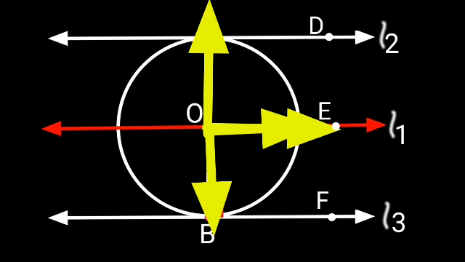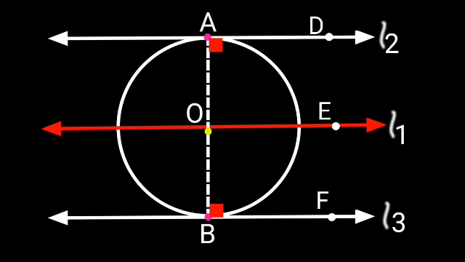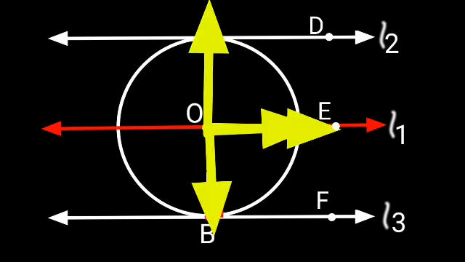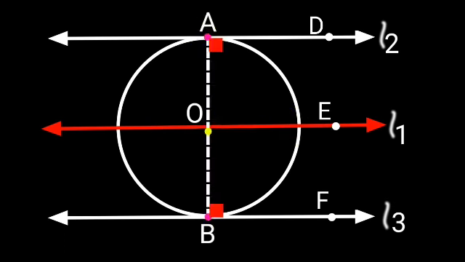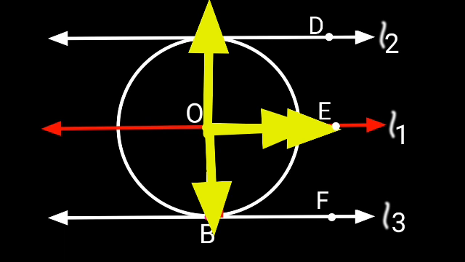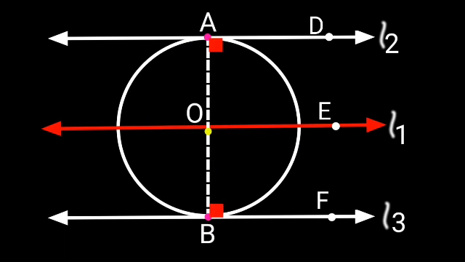From this, we can say that ray OA and ray OB are opposite rays, and hence points A and B are collinear. Hence, segment AB is equal to AO plus OB.